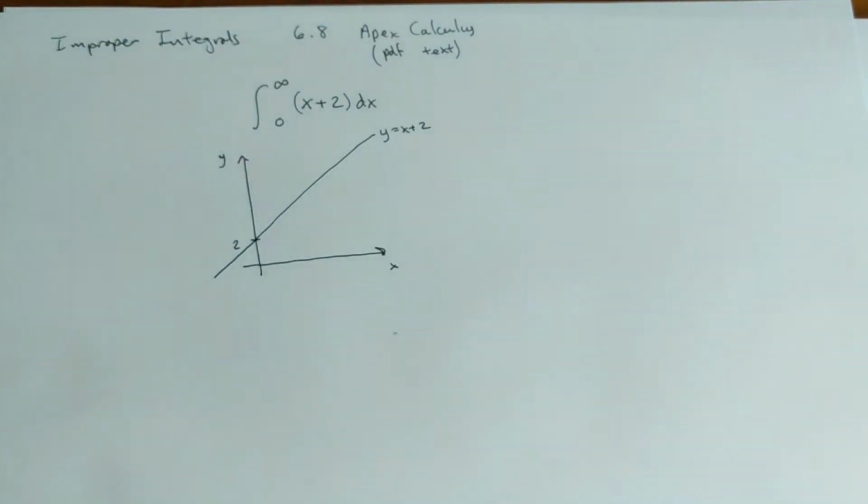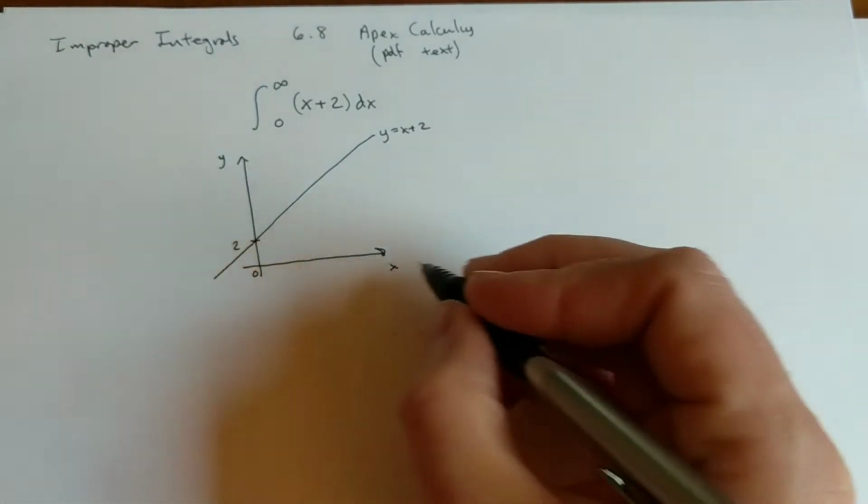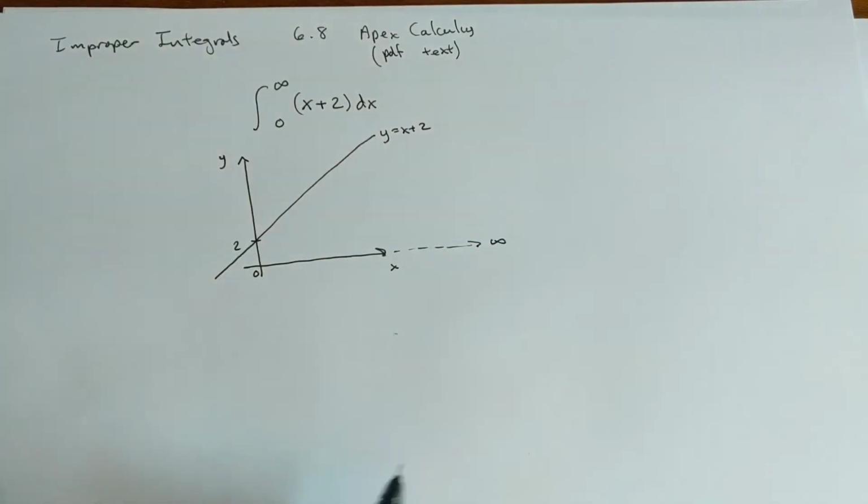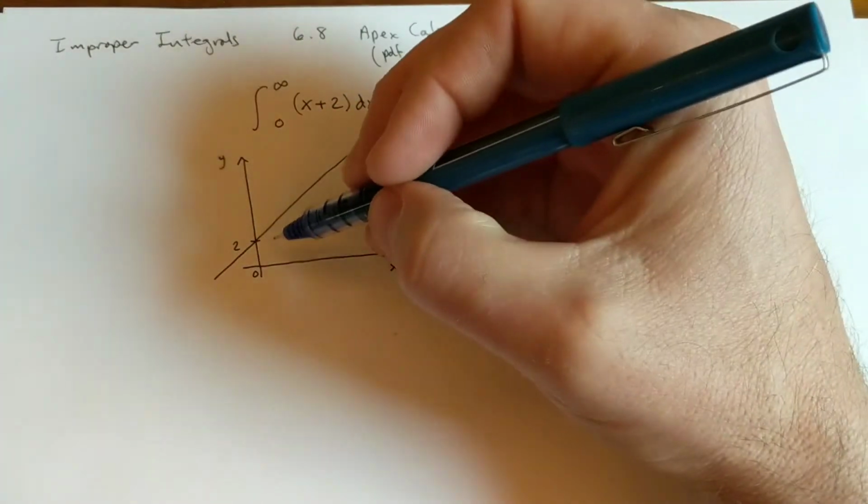And then let's think about what this is saying. So the bounds for an integral are an x value. So we're starting at 0 on the x-axis, but we're going off to infinity, whatever that means. And so we're just letting this continue on and on the right hand side.